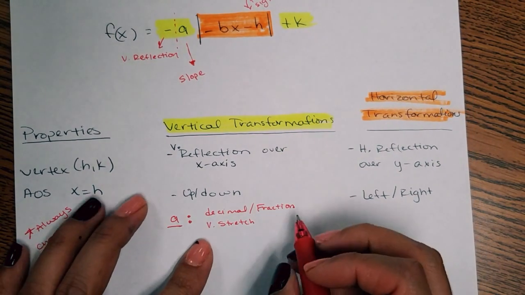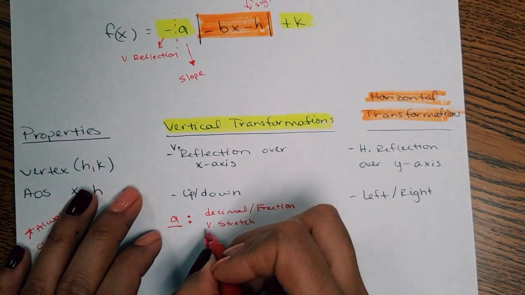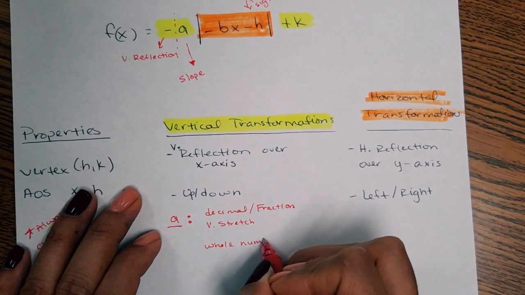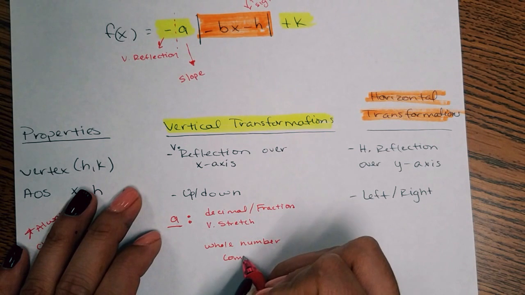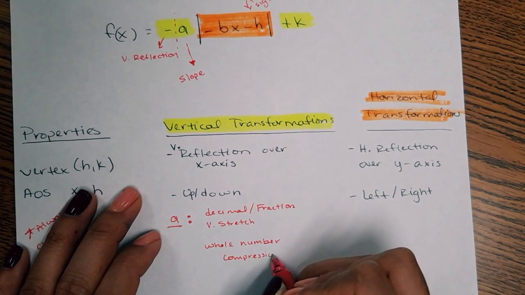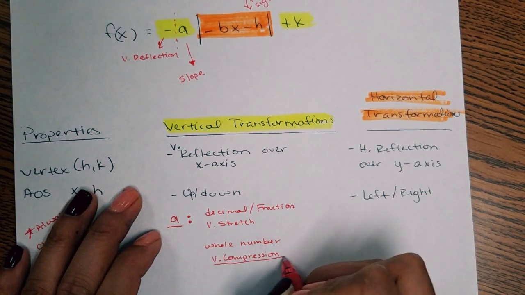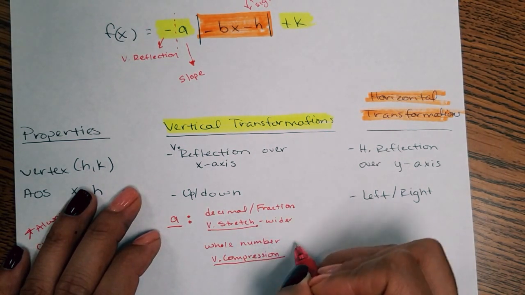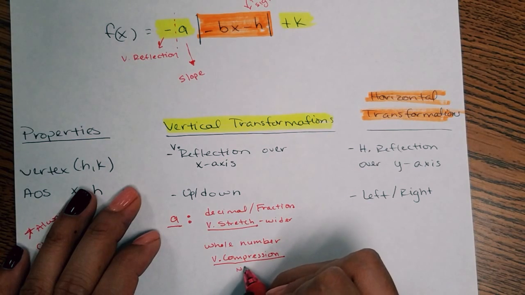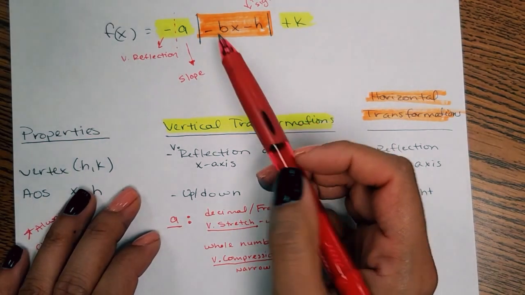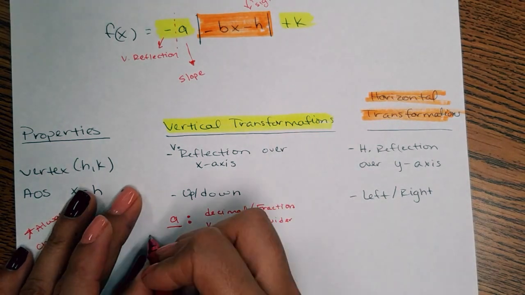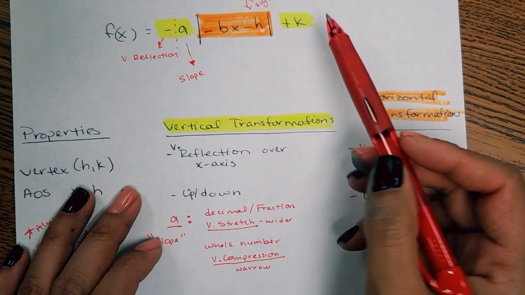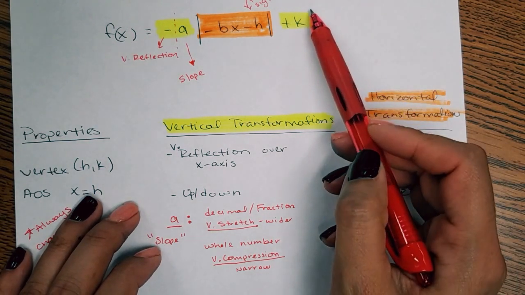If A is a whole number, it's going to be a vertical compression. So you need to know this term here and this term here. Stretch just means that it's going to get wider, and a compression just means that it's going to become more narrow. So that's your value of A, which you can also think of as your slope. And then your other vertical transformation is your K.